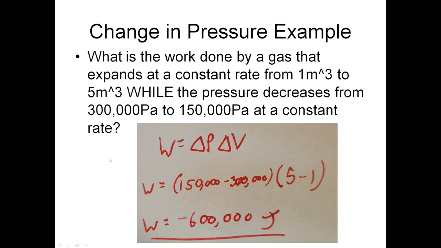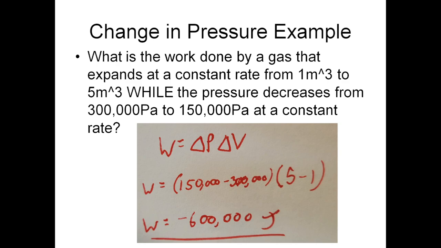For the previous examples using this formula, we were using liters and atmospheres. And when you plug liters and atmospheres in, your final work answer will be in units of liter atmospheres, which is a weird unit, and I don't especially care for it.